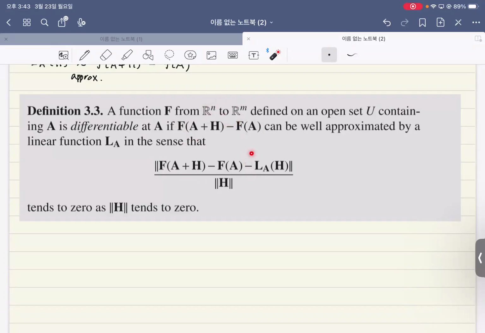Therefore, L_a must have the same domain and codomain. In other words, L_a is a linear function from R^n to R^m.